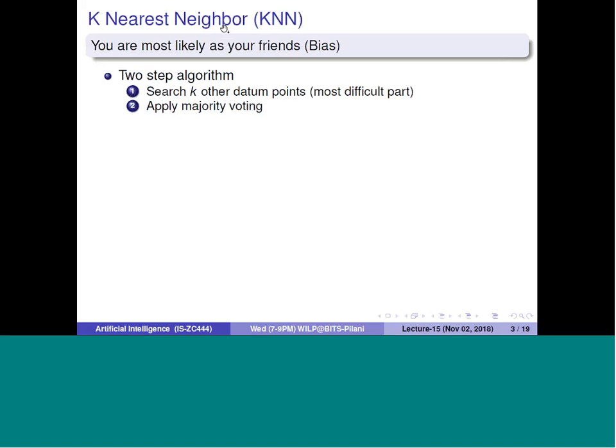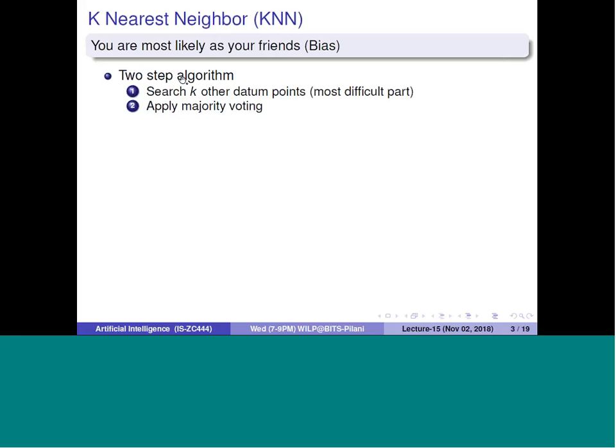So this KNN algorithm is a two-step algorithm: if a new item comes and you want to find out its classification, you have to find its K friends. Friends means people who are near to him. How to say that two people are near? You extract their properties, such as height, weight, and so on, and then find the distance.